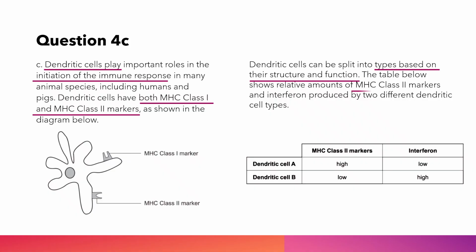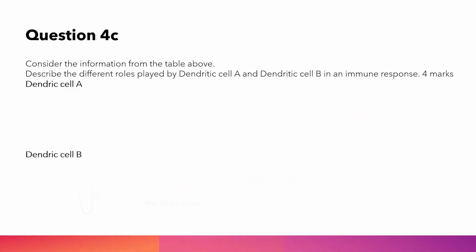The table below shows relative amounts of MHC Class II markers and interferon produced by two different dendritic cell types. Consider the information from the table above. Describe the different roles played by dendritic cell A and dendritic cell B in an immune response.